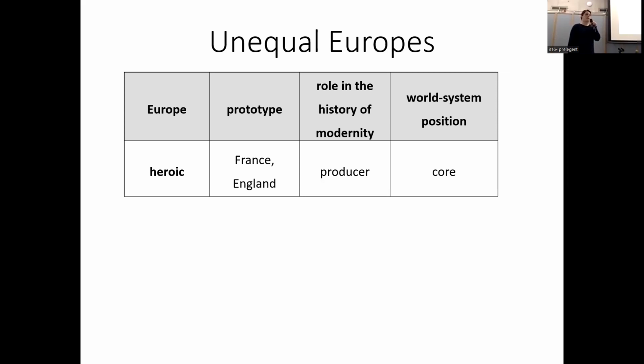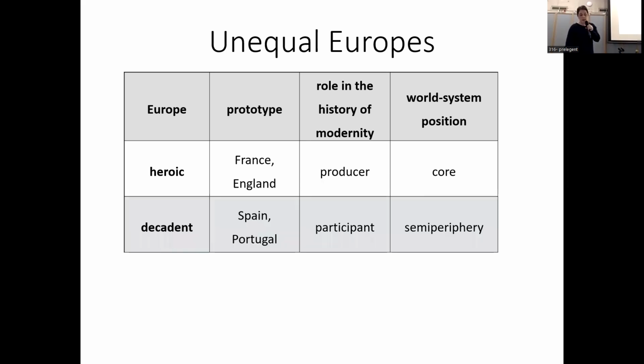Basically, France and England ascending to power around the 18th century and claiming the achievements of modernity for themselves would mean that the Iberian colonizers that had declined from that same power, but at the same time had declined from the definition power of claiming what it meant to have achieved Europeanness or have achieved something in the name of Europeanness or Christianity, became decadent in the sense of decline from power.